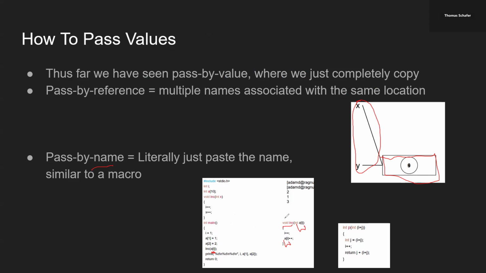There could be some small frame set up, but it's literally using the exact same name. And this can get you in some trouble if, for example, you do increment plus plus i, it just raw replaces it. So every time that the variable name is used, it's going to call this plus plus i. So if I had x here, it would call the increment operator 4 times. But yeah, so those are the other two.